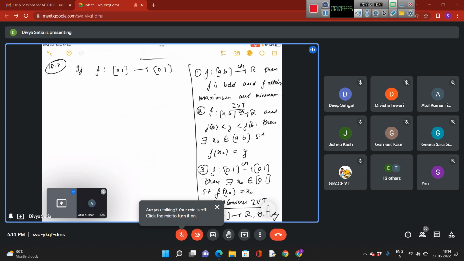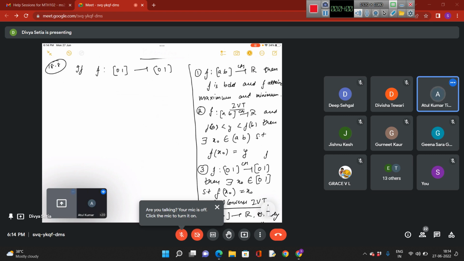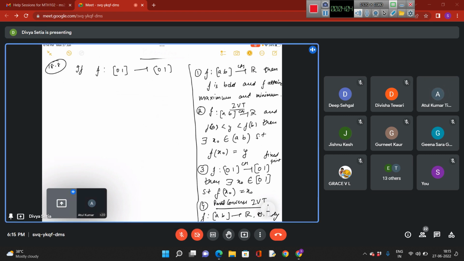For fixed point theorem, you require the 0, 1 thing.